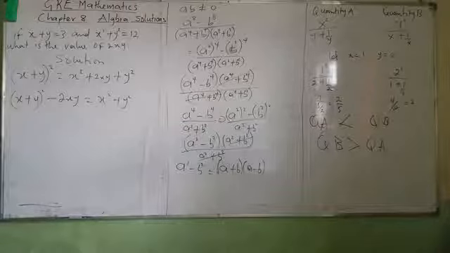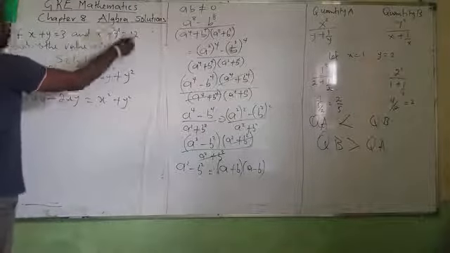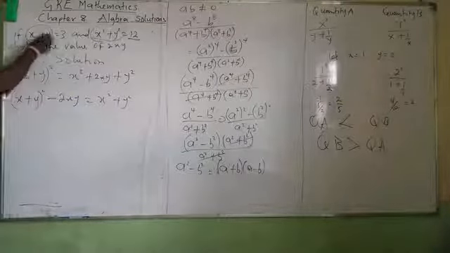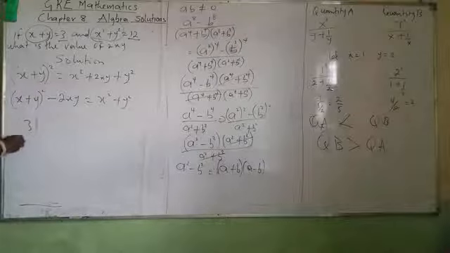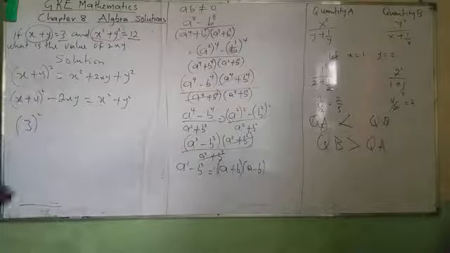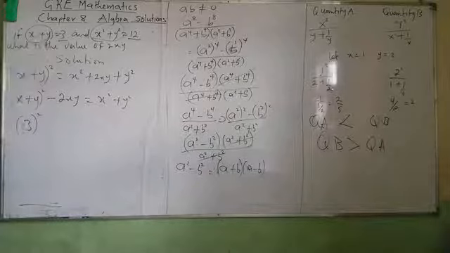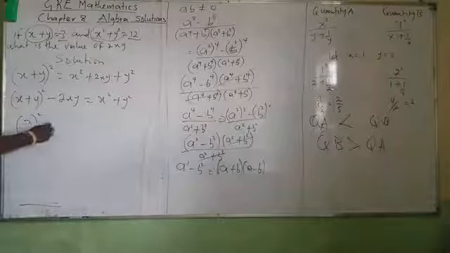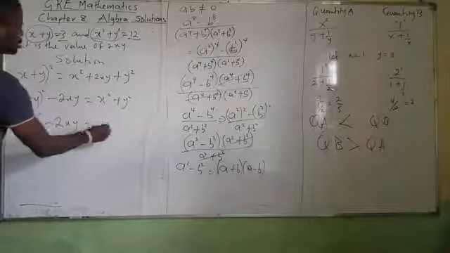Now, we were told that x squared plus y squared equals 12 and x plus y equals 3. Oh, I think it's minus. The question has minus here. Okay, so 3 squared minus 2xy equals x squared plus y squared, that will be 12.